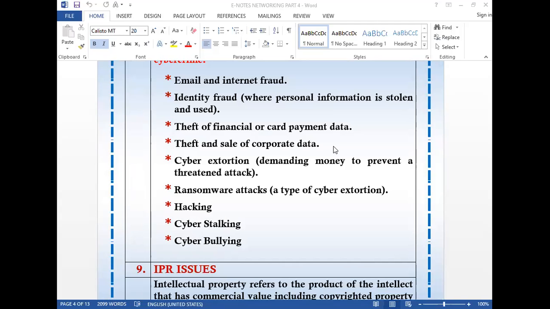Theft of financial or card payment, any financial loss to the user committed online, right? Theft and sale of corporate data. Cyber extortion, just as I told you, ransom money is being demanded by the hacker, right? The attacker has attacked your website and now he is demanding ransom money, right? Cyber stalking, cyber bullying, defaming, harming somebody's reputation, right?